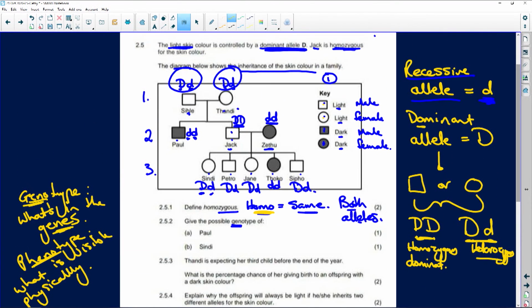Or look here: Sichle and Tandi both have light skin, but they have Paul, who has dark skin. Zitu has dark skin, Jack has light skin, and they have 4 children with light skin and 1 child with dark skin. What is in the genes is what you can see physically. If it's not in the genes, it's not going to happen.